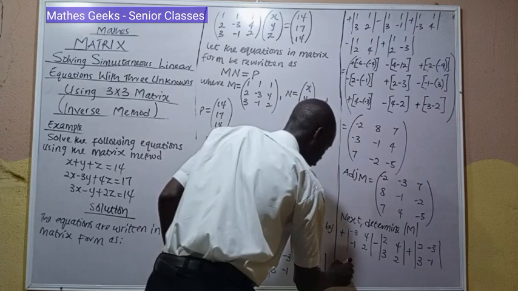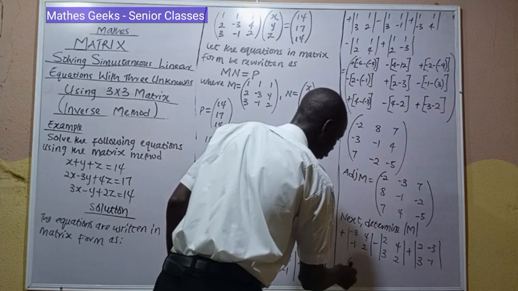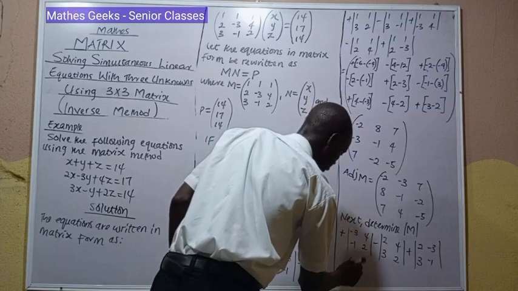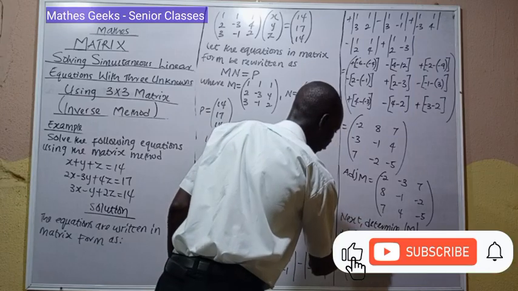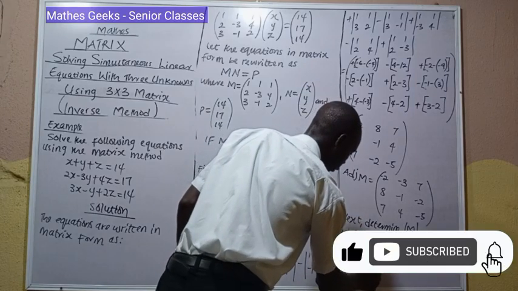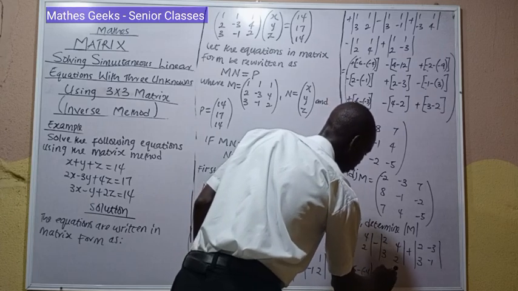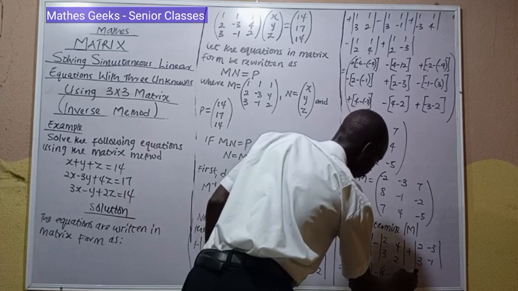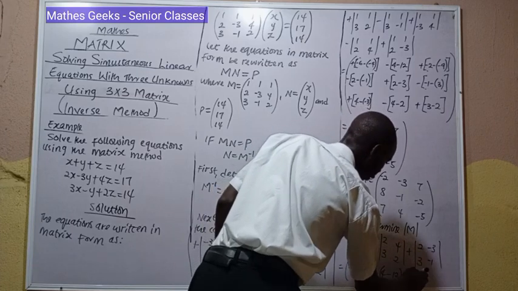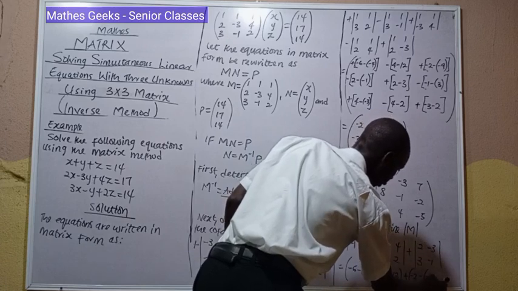So when we simplify, this will give us minus 3 times 2 is minus 6, minus 4 times minus 1 is minus 4, minus 2 times 2 is 4, minus 4 times 3 is 12, plus 2 times minus 1 is minus 2, minus 3 times minus 3 is minus 9.